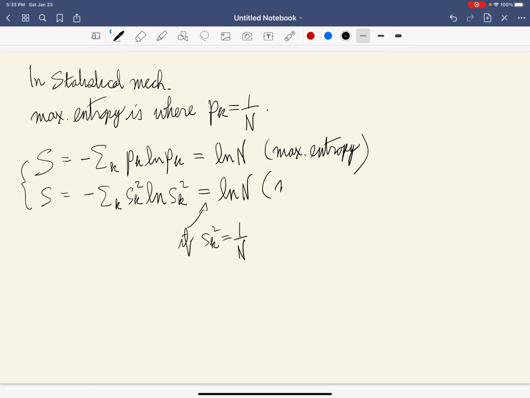Okay, and we call that situation maximally entangled. In analogy to the situation in statistical physics where this refers to the case of maximum entropy, this refers to the situation where the wave function has the maximum entanglement between the left-hand side and the right-hand side of the system.